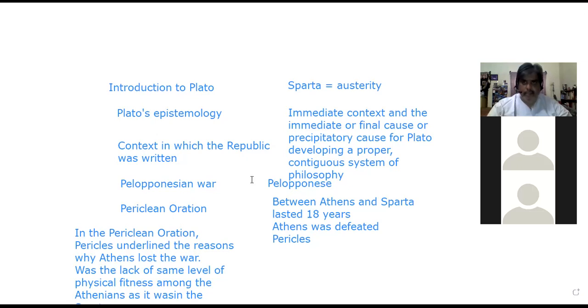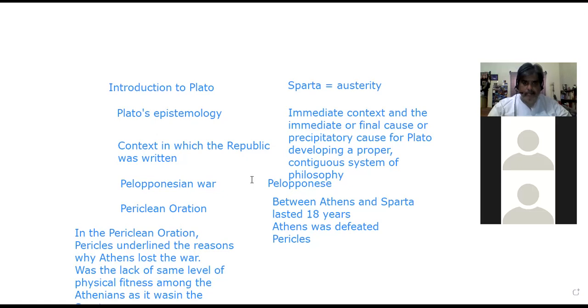Okay, it is more of a political product than any other work of his. So that is why, as students of political science, we tend to study the Republic, because the Republic best exemplifies who and what Plato is.